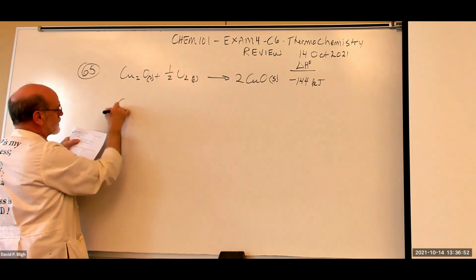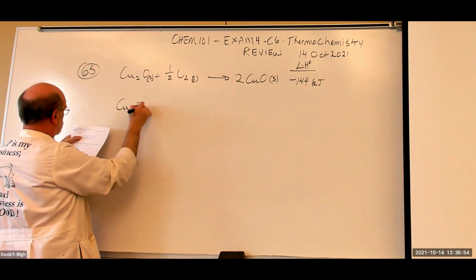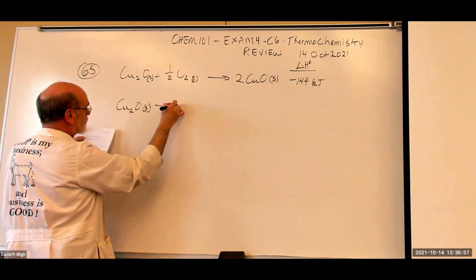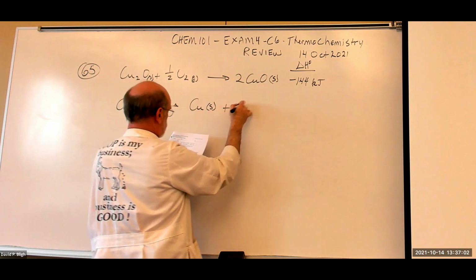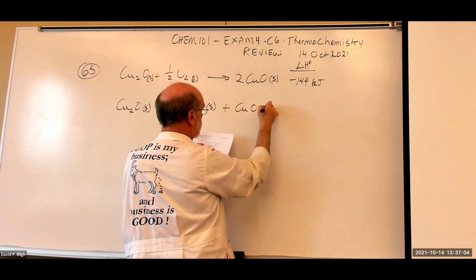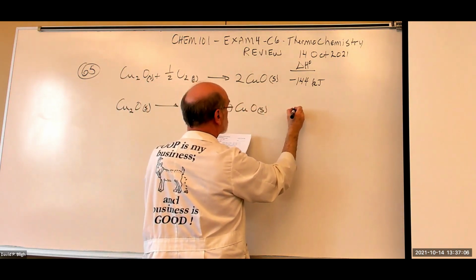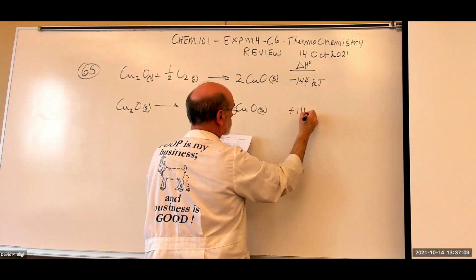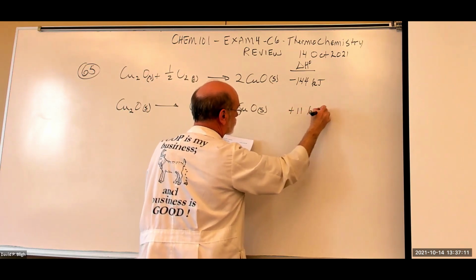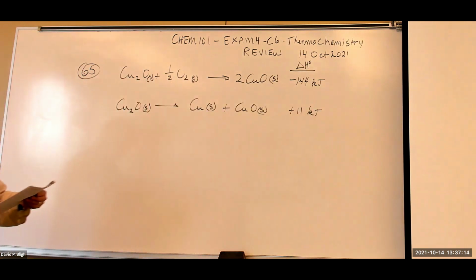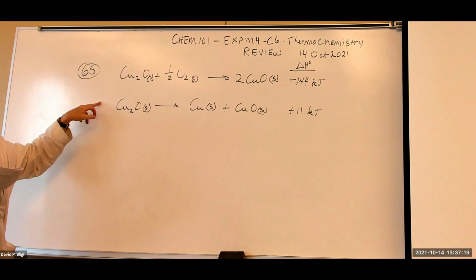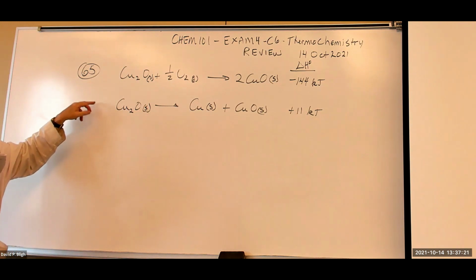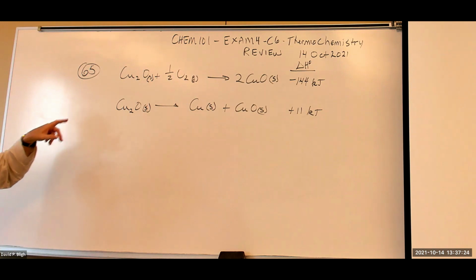And the second equation we have is this one, solid, yields copper plus copper 2 oxide. And its enthalpy is plus 11. Okay, the question is, use these two equations in combination to determine the standard enthalpy of formation for CuO.